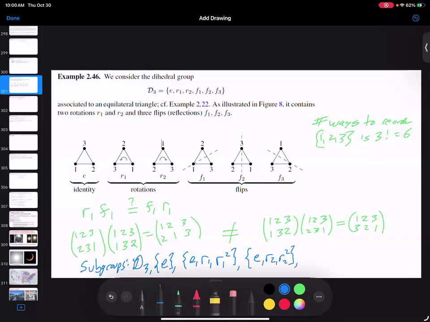What about another subgroup? e, F1. Good. So we would have e, F1, e, F2, e, F3. And then the question is, are there any other subgroups? Are these normal? I'll let you explore and gather some data.